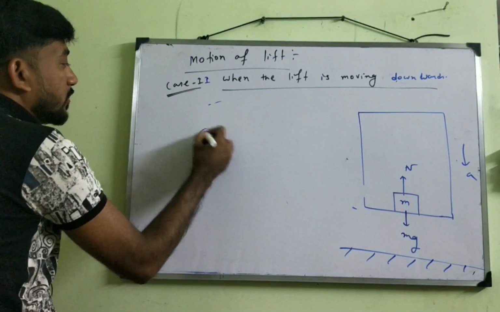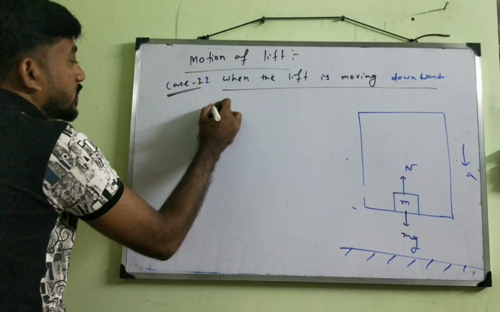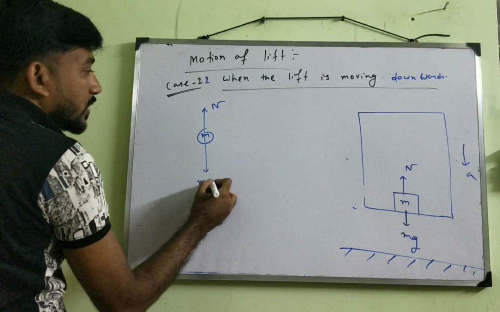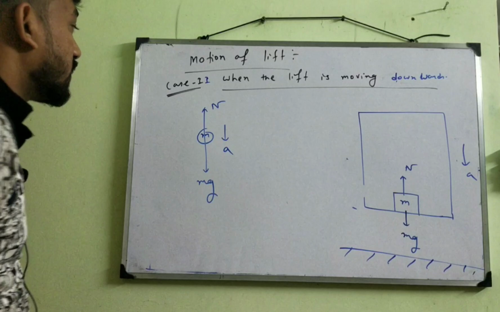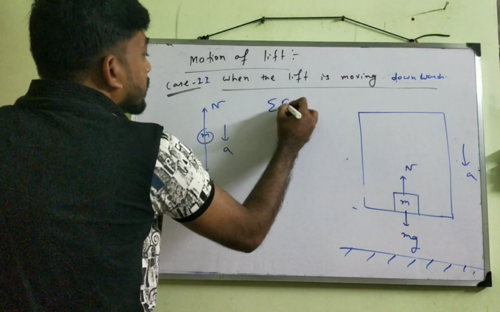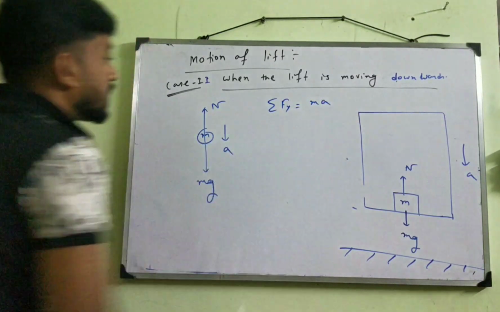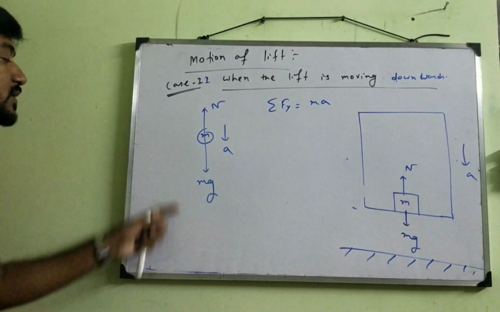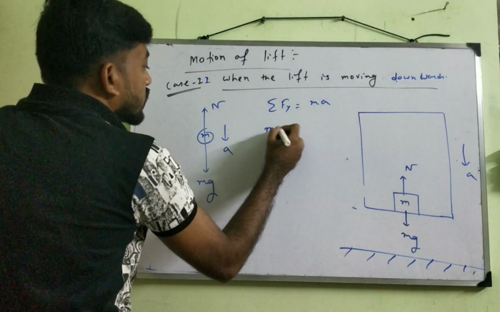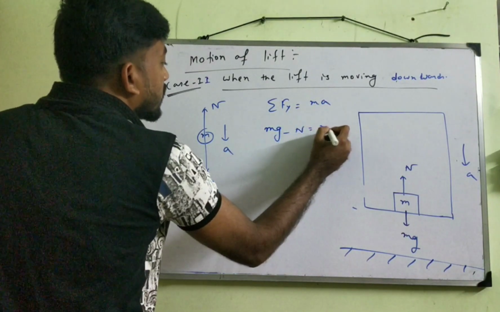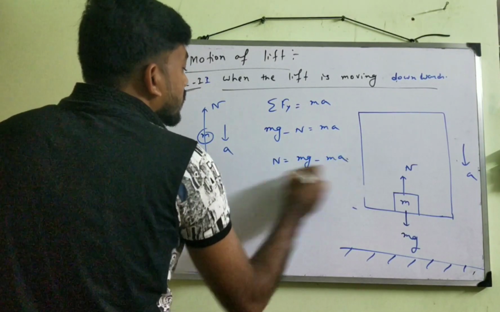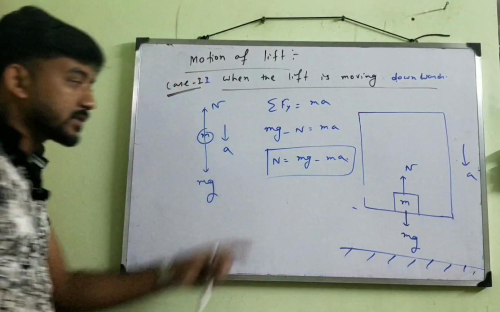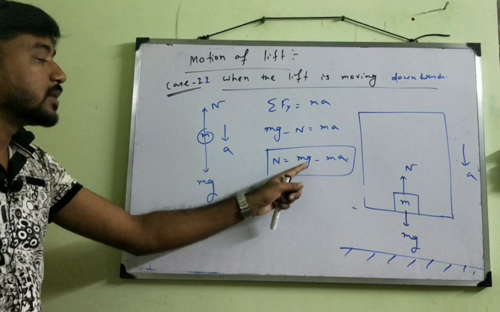Then in the free body diagram, here in this direction is N, this is mg, and the acceleration is downwards. So summation Fy will be ma, but here the positive direction is downward because the acceleration is downward. So mg minus N equals ma, and N equals mg minus ma.